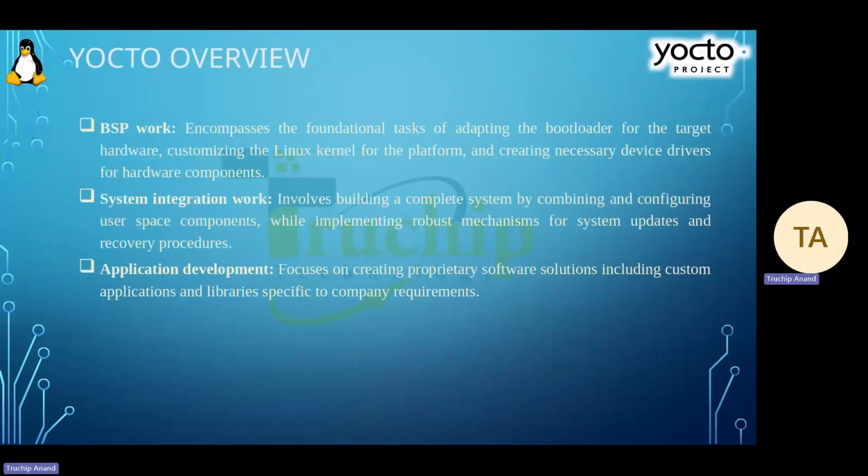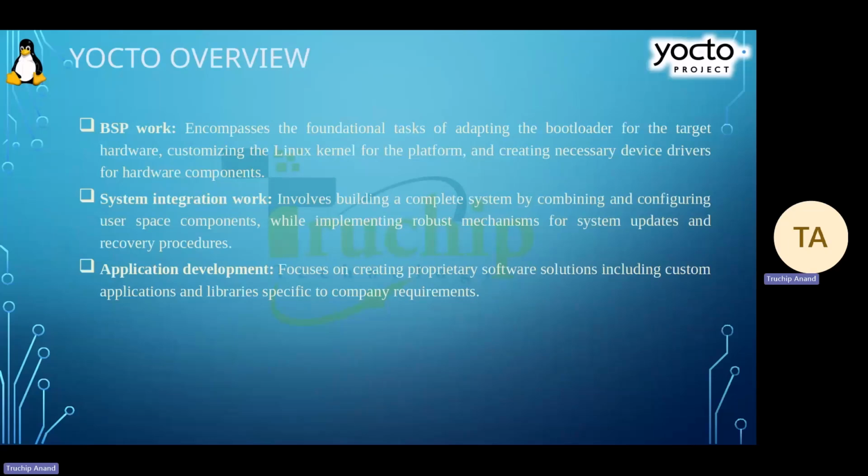And most of the people work in this particular line also. And some people work in system integration, where they try to configure and integrate multiple user space components. And in many cases, some people work on a specific proprietary application where they develop their application and integrate it with the subsystem. That is also possible. So these are the three areas where we work. And if it is a normal desktop subsystem, then it is fine.